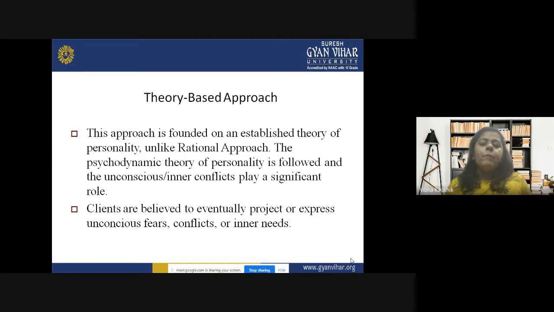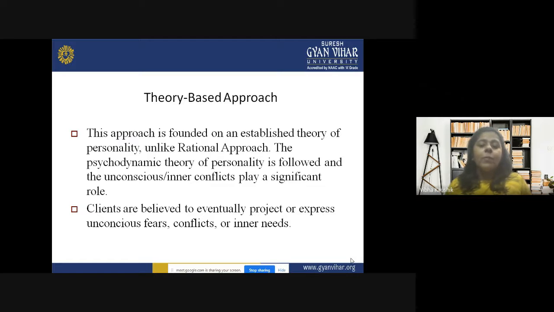Now, theory-based approach. This approach is founded on an established theory of personality. Means if one wants to construct a personality inventory and he is using the theory-based approach, then this approach is founded on an established theory of personality.